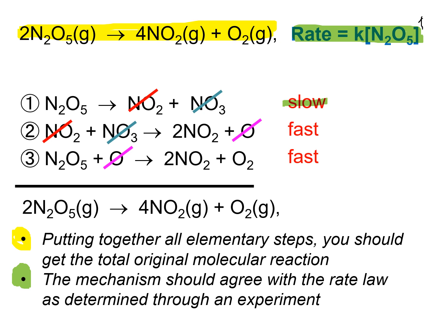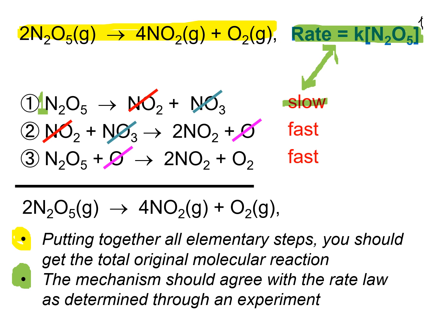There has to be an agreement between the slow step and the stoichiometry as suggested by the rate law. So if in the rate law I can see that the only species that's important is N2O5 and it's first order with respect to N2O5, then that means that in the slow step there has to be a coefficient of 1 in front of N2O5. That is in fact the case.